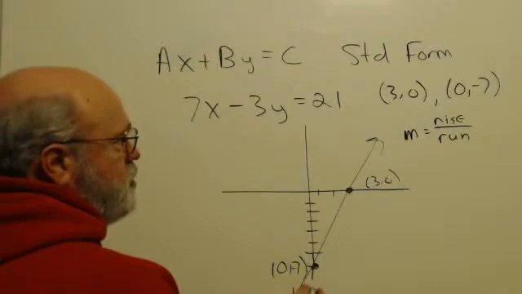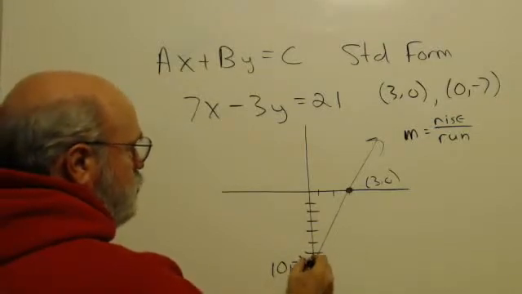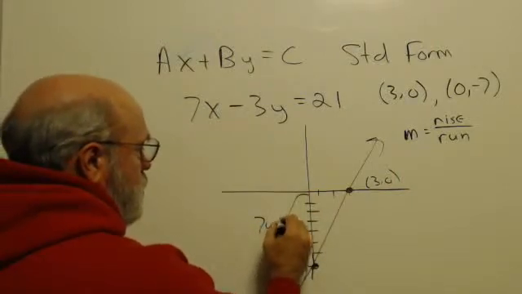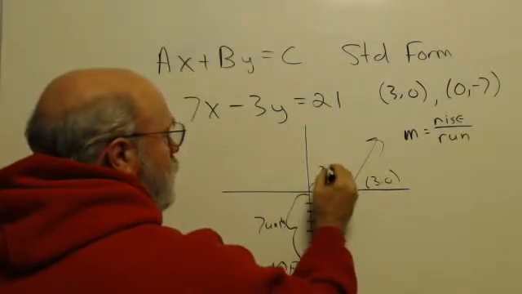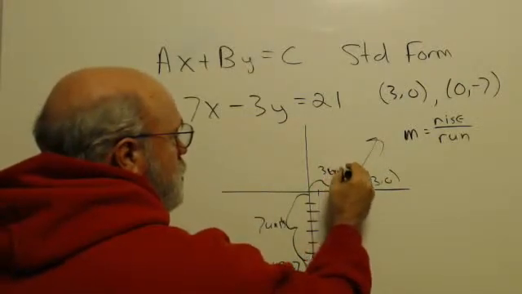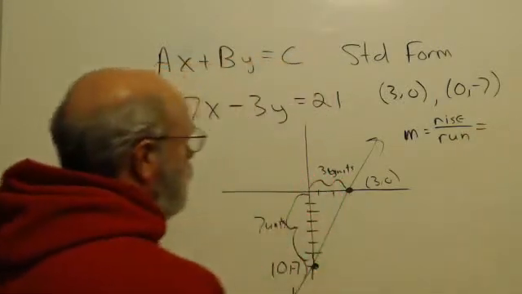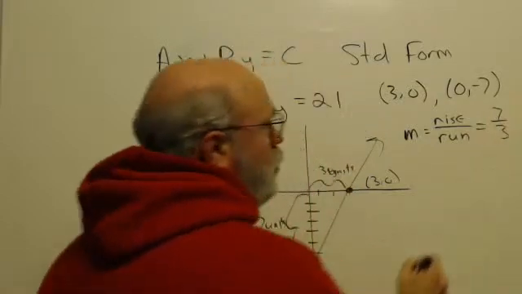So rise is the change in the y-coordinates between 2 points. So we can see that this rises 7 units for a run to the right of 3 units. So the slope here is 7 over 3. The rise over the run.